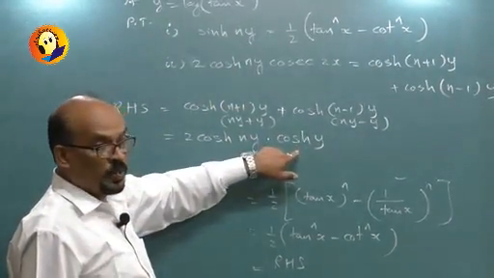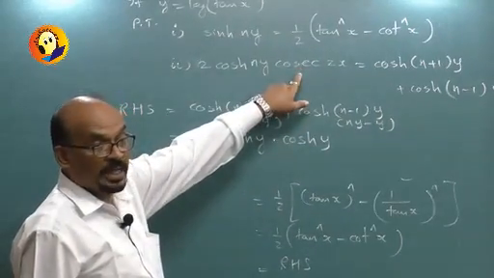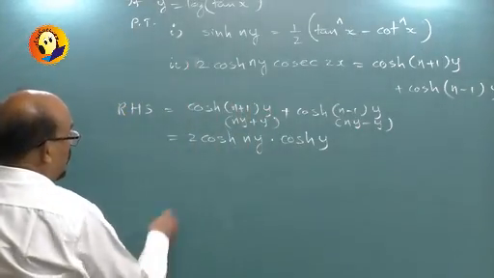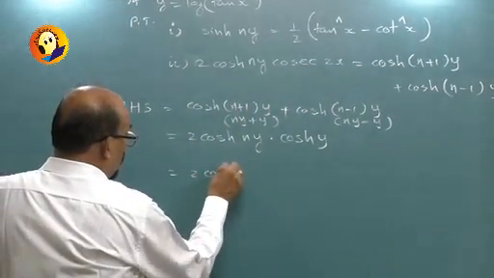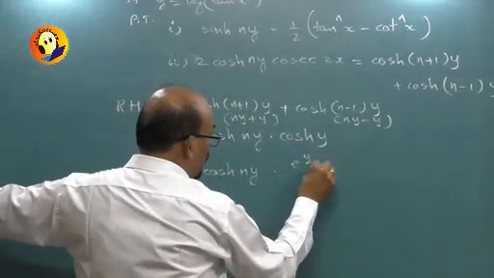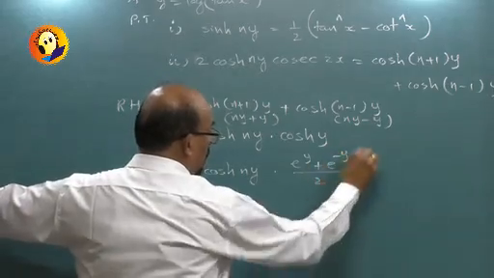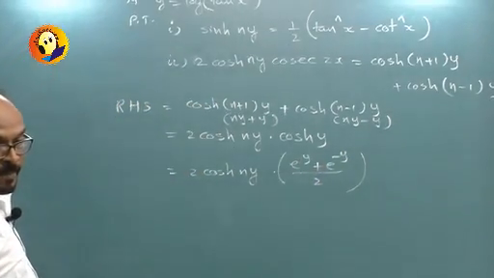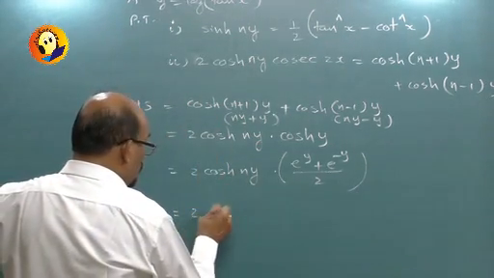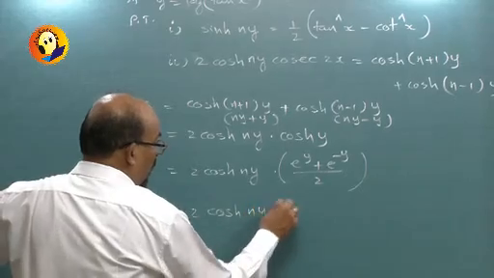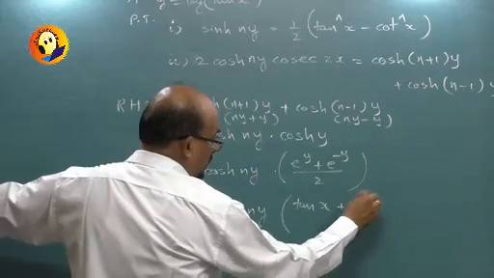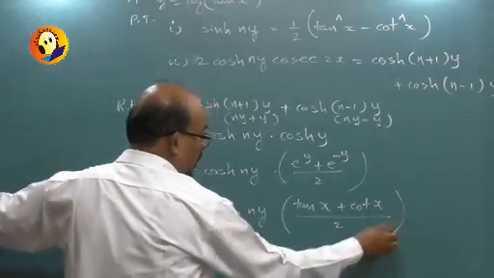Only question is cosh y should be written in terms of cosec, and for that we will have to now do something, because it will be 2 cosh ny into cosh y, which is e raised to y plus e raised to minus y upon 2, and e raised to y is nothing but tan x, so it is 2 cosh of ny into bracket tan x plus cot x upon 2.